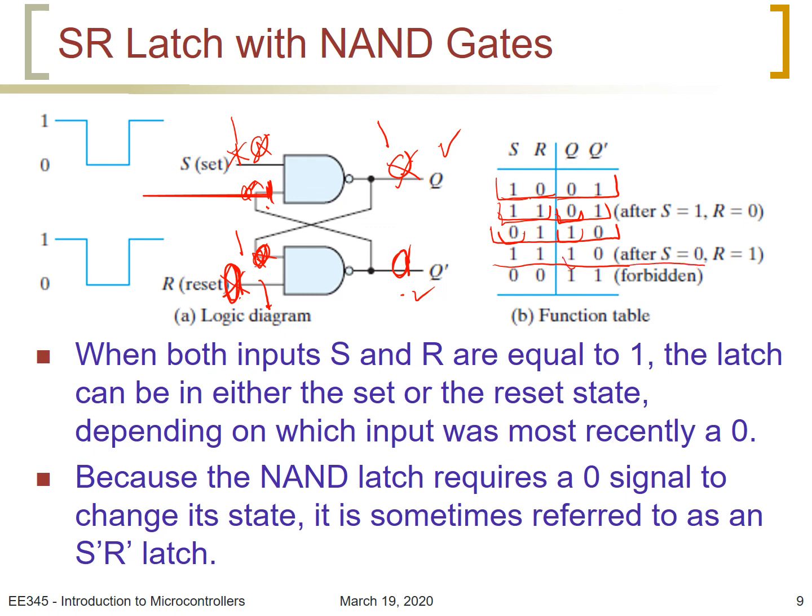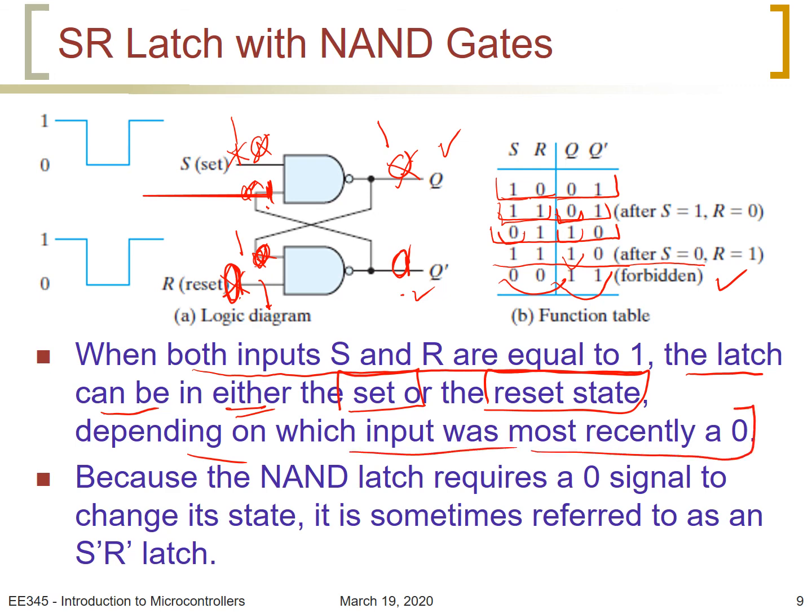Again, as we mentioned earlier, if both are zeros as inputs, the outputs will be both 1, and this will be the forbidden state. Now, remember that when both inputs S and R are equal to 1, the latch can be in either the set state or the reset state, depending upon which input was most recently a 0.